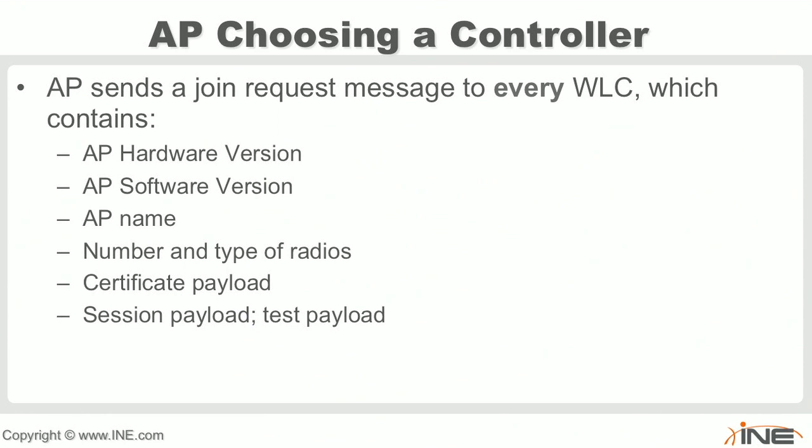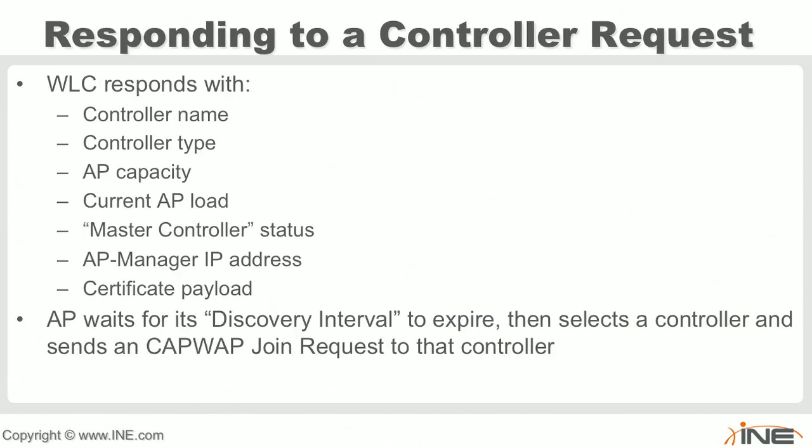It's really just a bunch of symbols that we can't make heads or tails of because it is, well, encrypted. We'll also send a test payload to the WLC. The responding controller to the AP request is going to respond with its controller name and controller type. Is it a 2106?